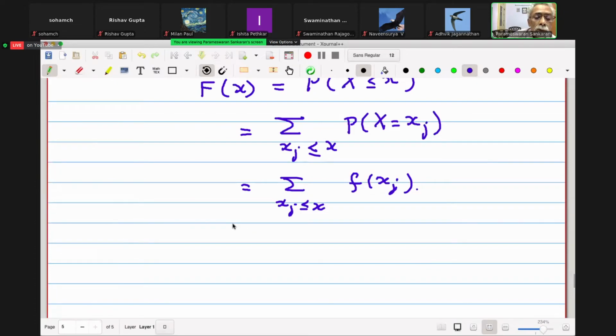And so now, what is a continuous random variable? This is again a definition.